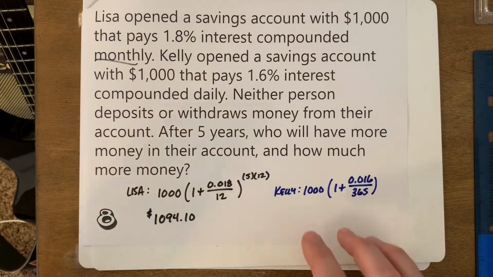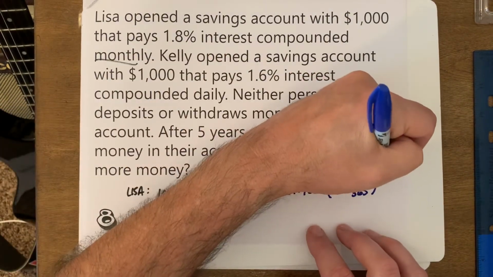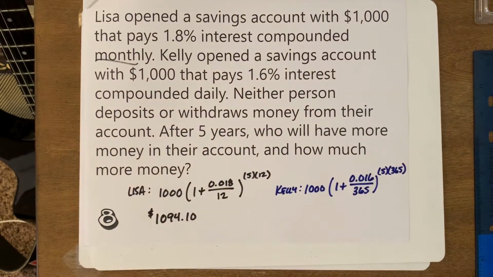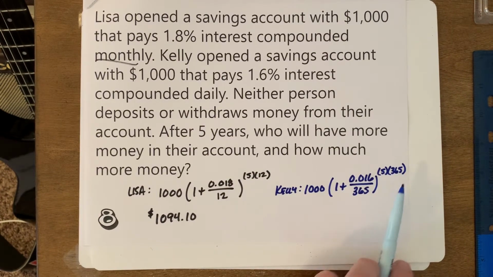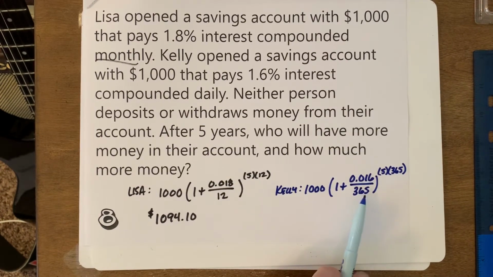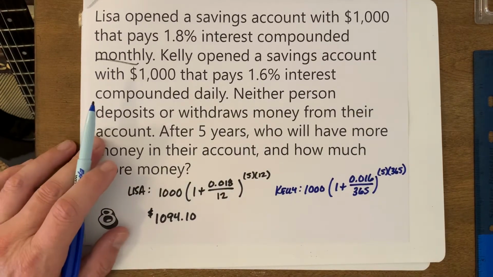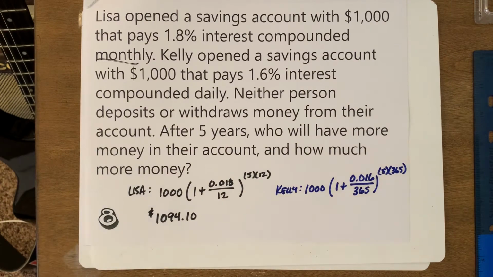Now that's going to be 5 times 365. You would think that Kelly's going to get a lot more money because that 365 is huge. But remember, the denominator is going to take this down while this one brings it up, and there's going to be a conflict between these. They're both going to be struggling as to how they win. You'll learn more about this in Algebra 2 when they discuss the number e. But these two are going to fight it out.